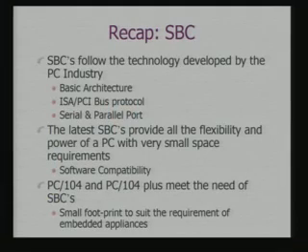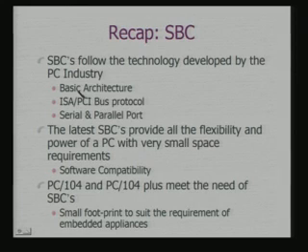To recapitulate what we did in the last class, we studied single board computers as examples of embedded systems. Single board computers are nothing but a PC put onto a single PCB.